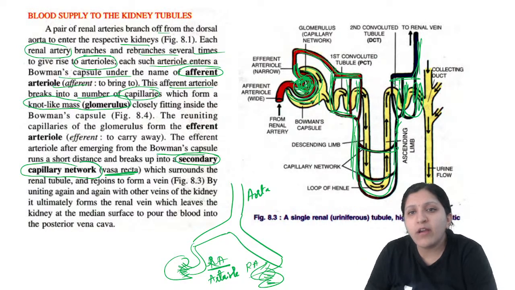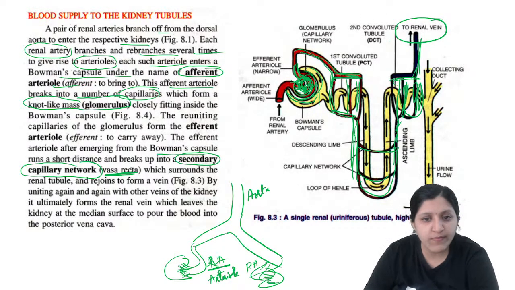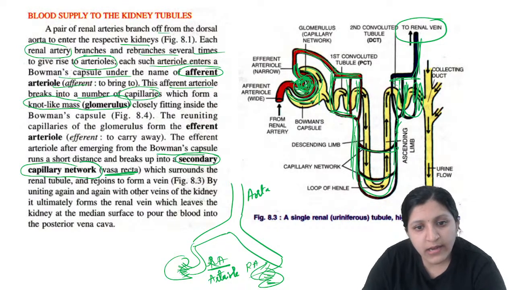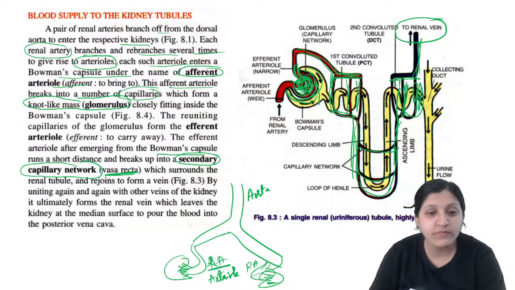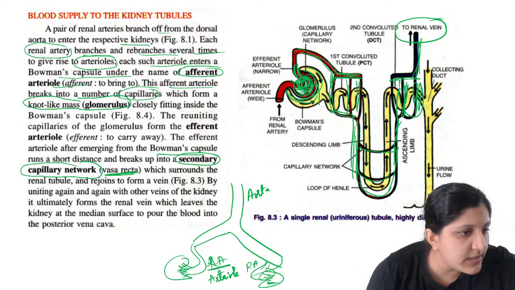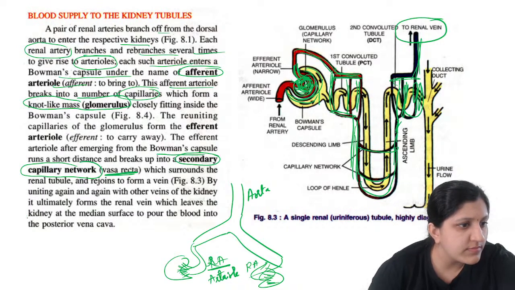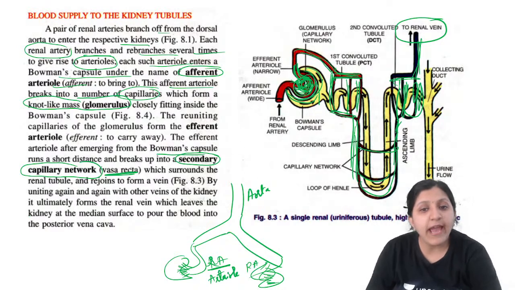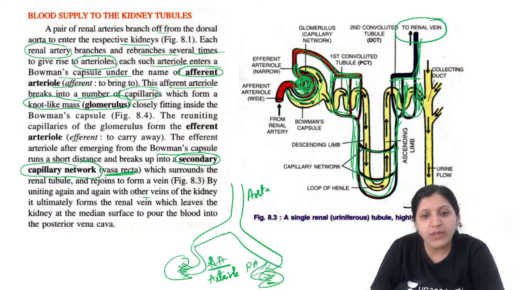Then all of these will join together to form the venule, which is going to join back to the renal vein. By uniting again and again, they will join the veins of the kidney, which will ultimately form the renal vein.